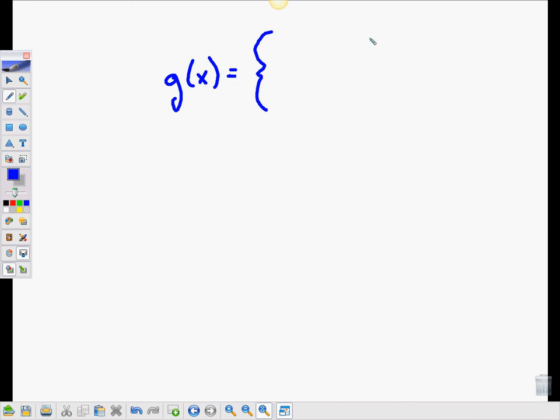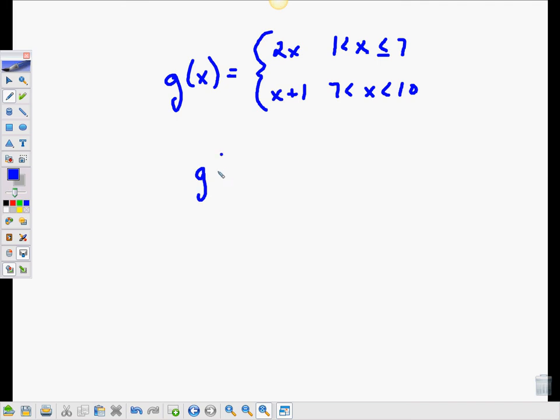We could have as many as we want, but just for simplicity's sake, let's just go with 2 of them. So let's say x is greater than 1, less than or equal to 7. And here let's have it start at 7 again and go up until 10. Then our rules will be 2x for the first situation and x plus 1 down below.